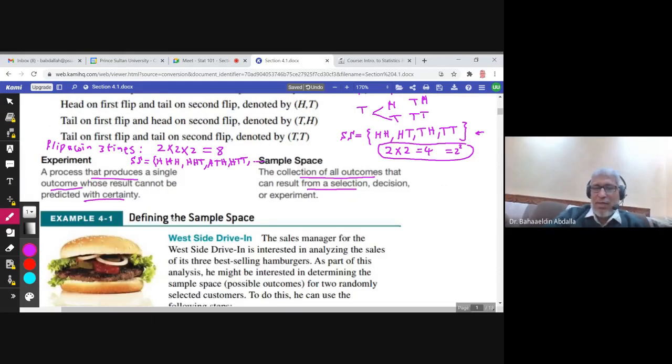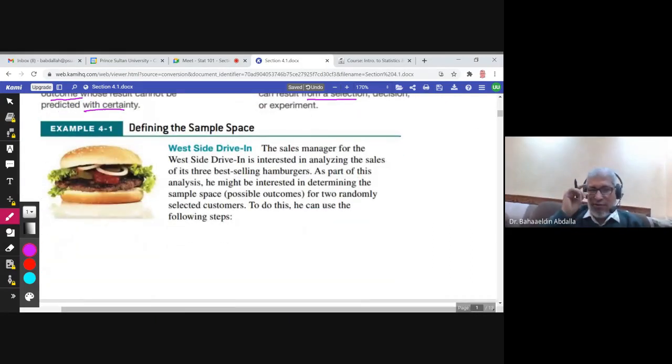Let us take another example of sample space. The sales manager for the West Side Drive-In is interested in analyzing the sales of its 3 best-selling hamburgers. As part of this analysis, he might be interested in determining the sample space, all possible outcomes, for two randomly selected customers.